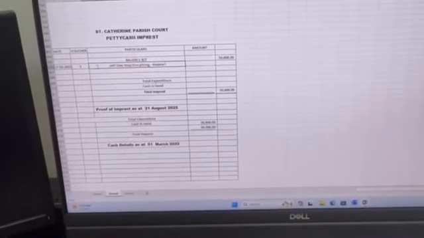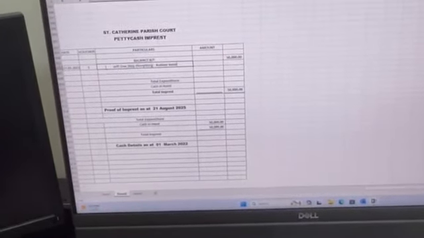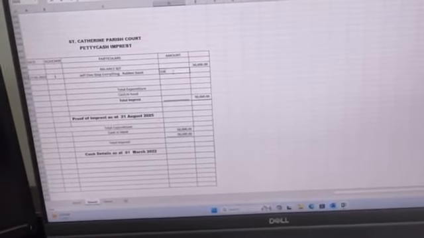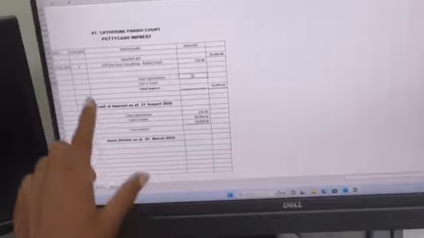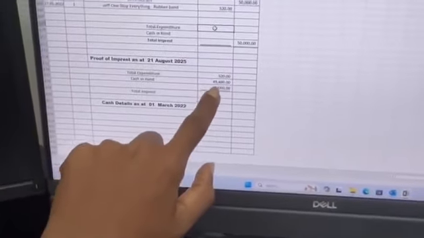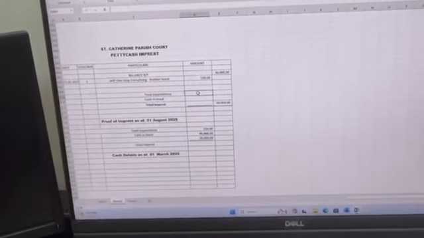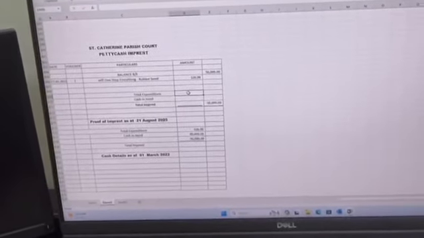Rubber band. And the total was $520. So you realize when I put in the $520, we only have $49,480 remaining in hand. That's what we have currently in hand. So I'm going to allow you to try out.